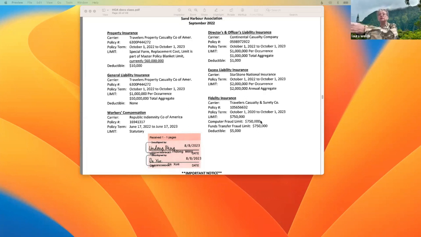So now it's November and somebody forgot to renew all of the insurance policies, and there's a major fire in the buildings. You may not be covered. It depends. And that's why you need to protect yourself.